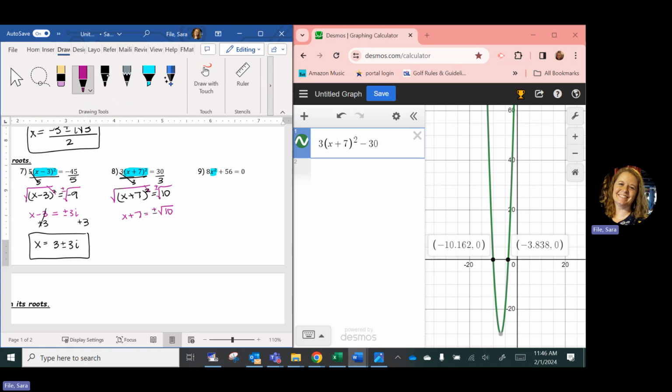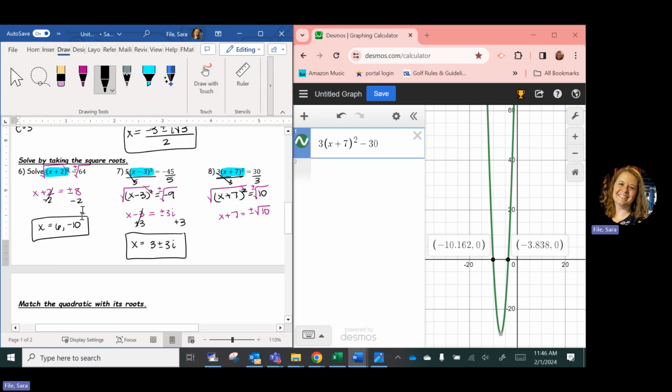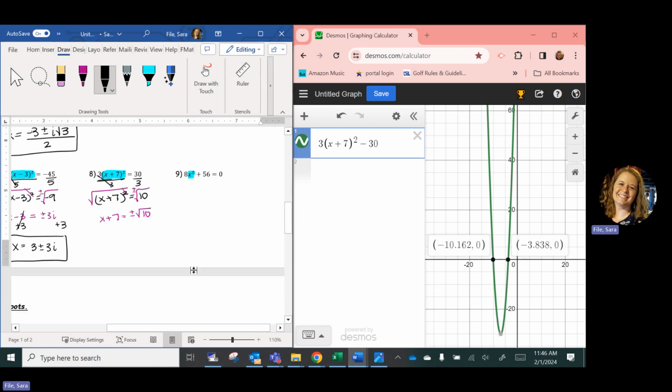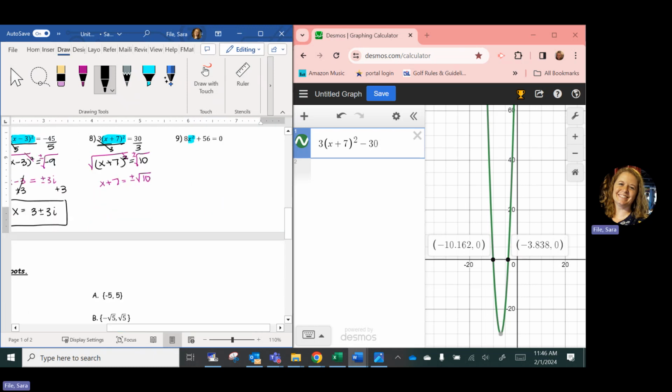Now, if you have a radical that's not a perfect root, see here, 9 was a perfect square. Where's another one? Oh, here, 3 wasn't a perfect square, but it doesn't reduce. So we haven't had to do anything with our square roots until now, because square root of 10 should reduce.